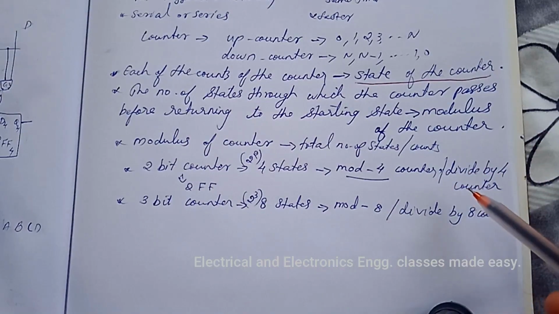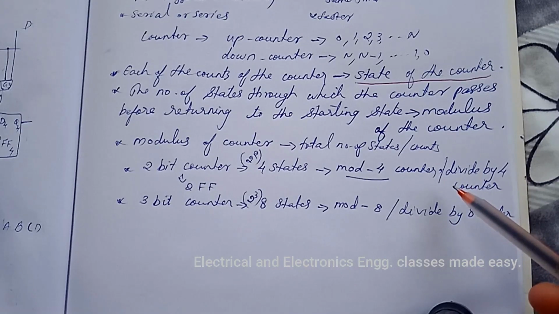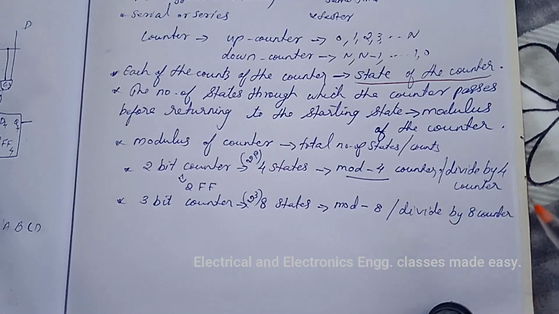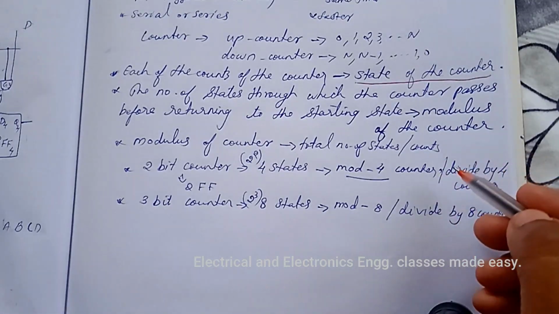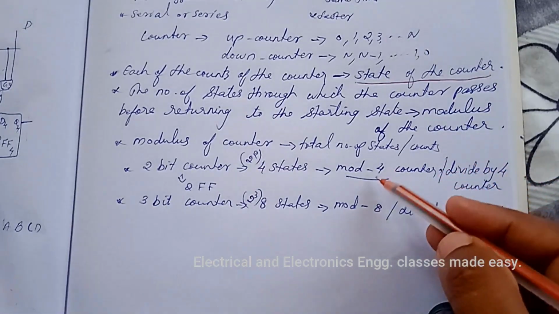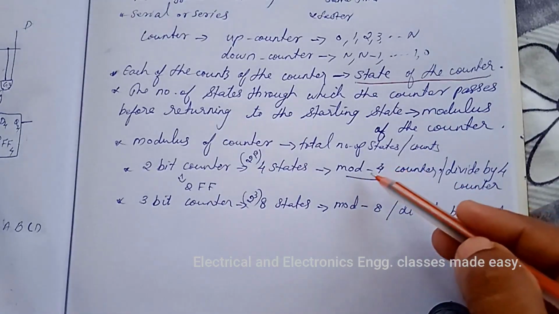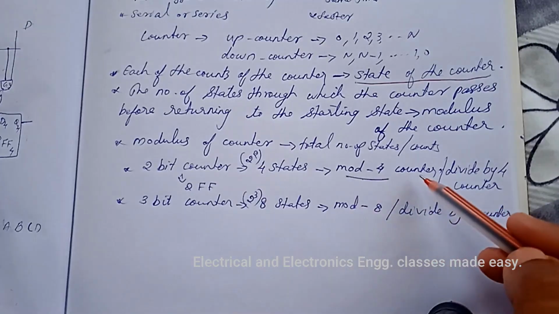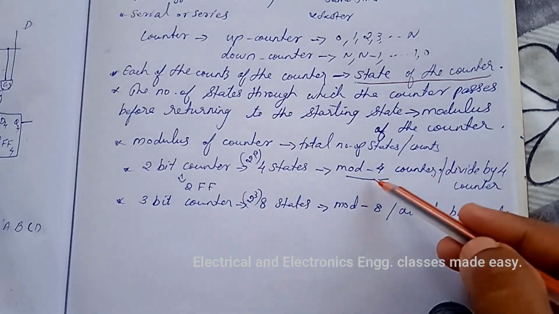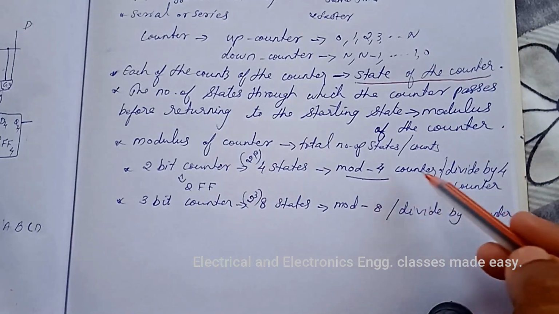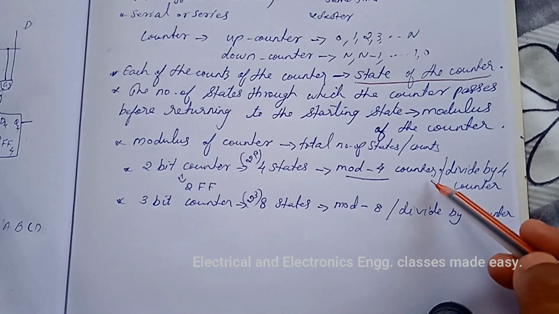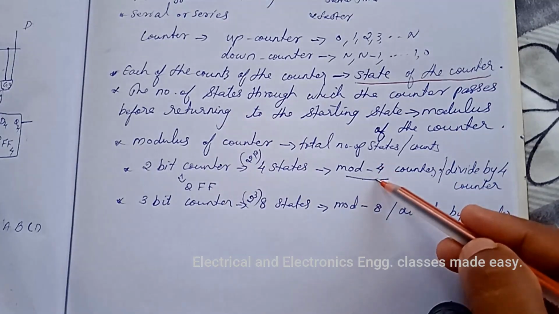And also, the counter divides the input clock signal frequency by the number of states. So, in the case of a mod 4 counter, the counter divides the input clock signal frequency by 4.